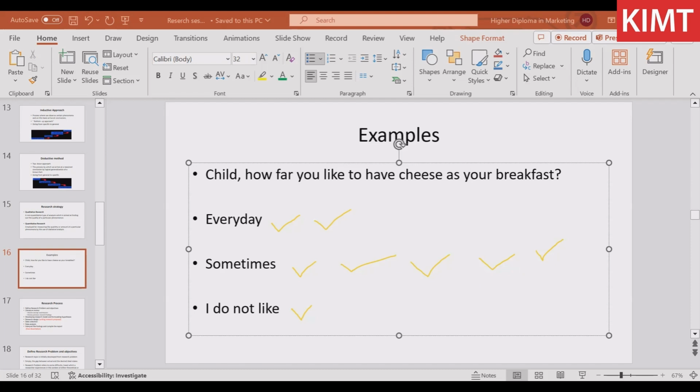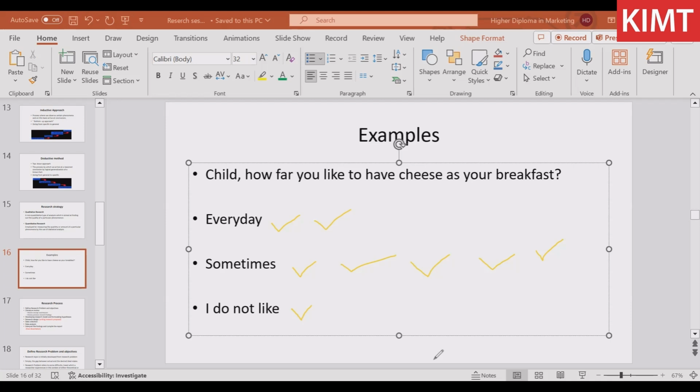Yes. So actually this is quantitative. You can count their responses. You can nicely say, in a quantified manner, out of 8 children, 2 children said they like to have cheese every day. 1 child said, I don't like it, never. 5 children said they prefer to have it sometimes.